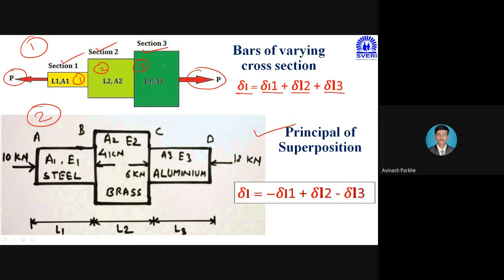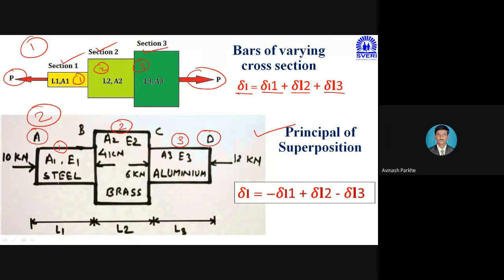But in figure number 2, you can check here the bar AD is given. This is the starting point and this is the end point. It consists of a total of 3 sections. The first one is AB, which is section number 1. The middle section is BC, which is called section number 2, and the third section is CD, which is represented by number 3.